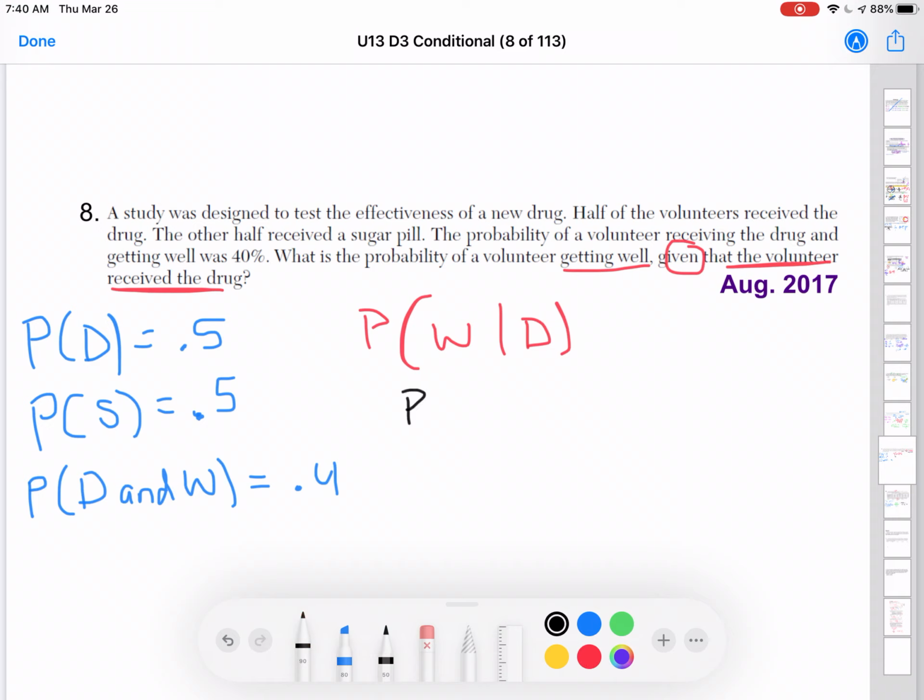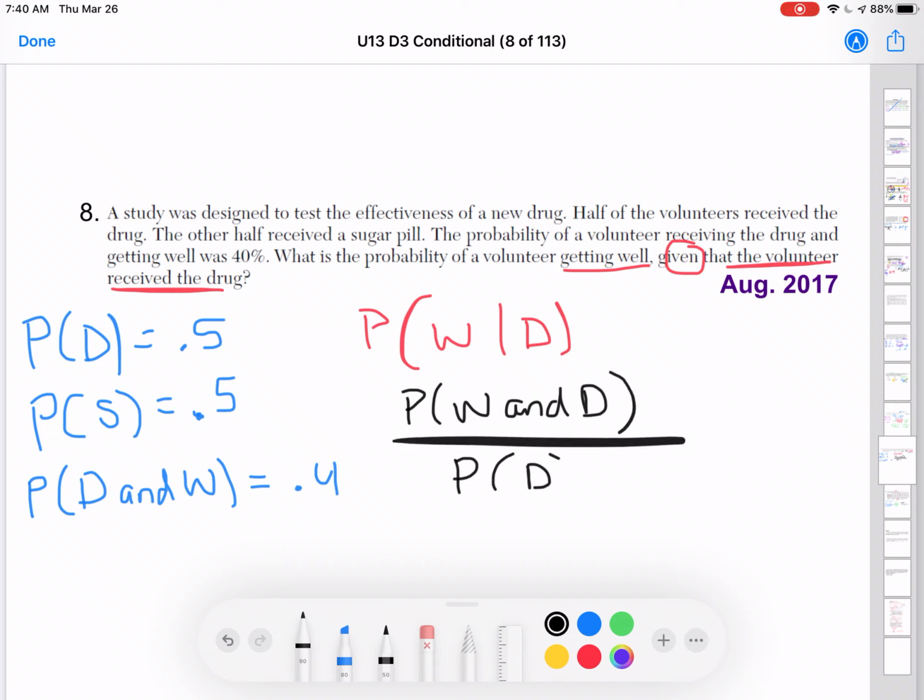Change it over: probability got well and the drug, and what do we divide it by? The probability of the drug. Okay, so let's sub in. Probability of getting well and the drug, that's just 0.4. And here it is again, the order doesn't matter with and. So 0.4 divided by 0.5. We get 0.8, but we got to read carefully.